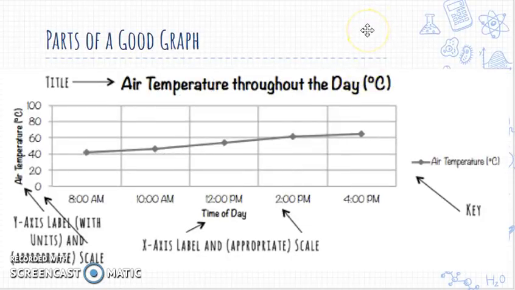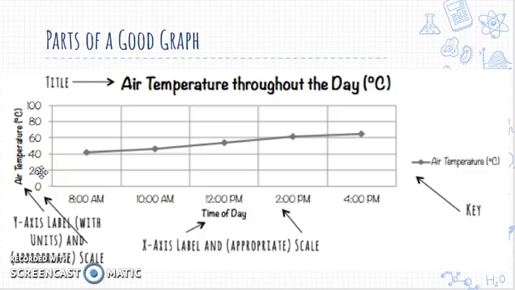A graph is simply a picture of the information that we're looking at. So when you look at your graph, I'd like you to go ahead and label all of these same parts on your graph. An appropriate scale is talking about the numbers, or sometimes scale can be words, across the bottom and across the side, and you want to make sure that scale is separated out evenly.